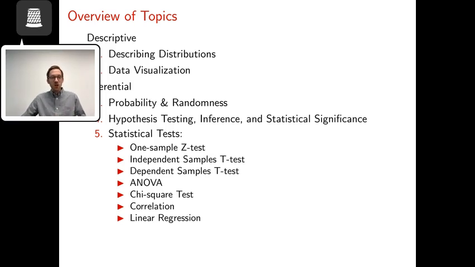And then finally, we're going to learn a series of statistical tests, starting with the one sample z-test, moving to independent and dependent samples t-tests, ANOVA, chi-square, correlation, and at the end, we'll do a little bit of linear regression, which will prepare you for Quant 2.